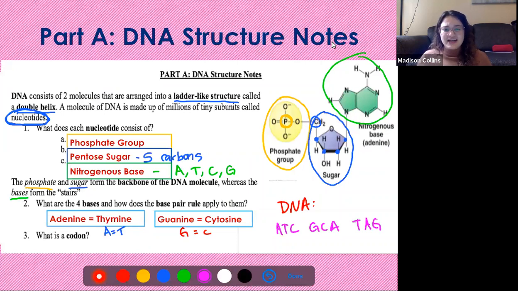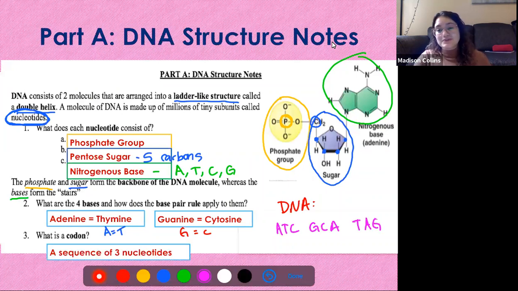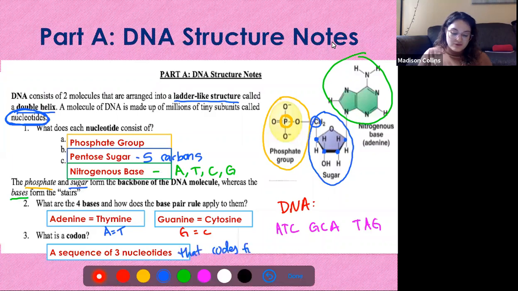And that's because this is kind of a secret code that your cells have to understand. And that sequence of 3 nucleotides is known as a codon. And these are going to be super important in the next few units because codons actually code for a specific amino acid, right? So I'm going to add that: a sequence of 3 nucleotides that codes for a specific amino acid.